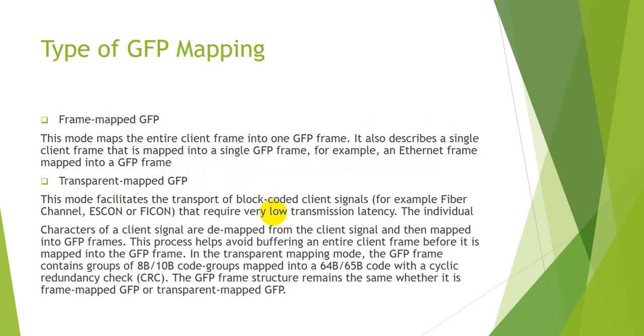So for this mapping of one frame type to another frame type, there are types of mapping in GFP also. There are two types: one is frame mapped, another is transparent mapped. In frame mapped mode, the entire client frame, whatever frame comes at one time, is simply mapped to a GFP frame.